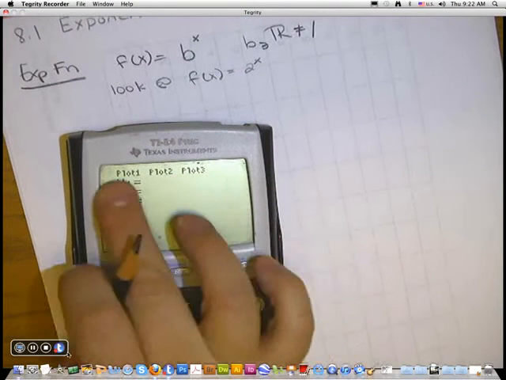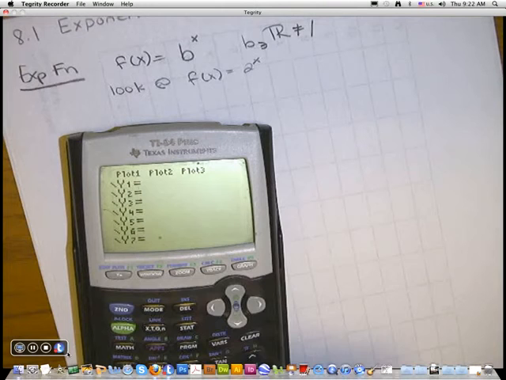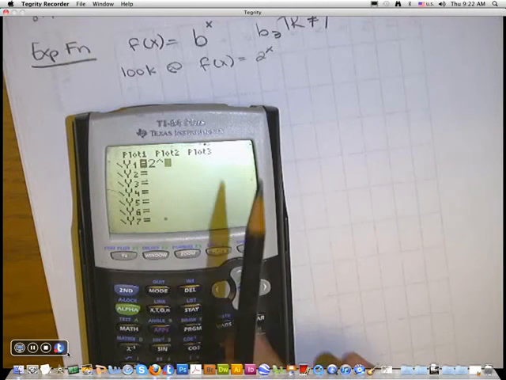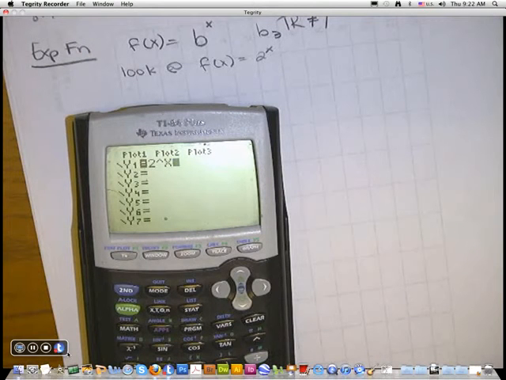Make sure all the plots are off, none of those are highlighted. And we're going to type in 2 and then exponential. So for me, that's the caret key. If you have the newer models, it's going to raise it up to an actual exponent. X. So 2 to the x.